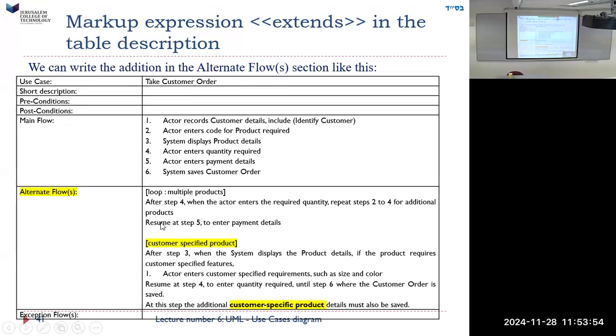Yeah, alternate flow. After step 3, and again, I don't 100% agree with this. Sorry for not agreeing, but I think you just write, customer specific. If you're going to specify all this over there, why write it twice?